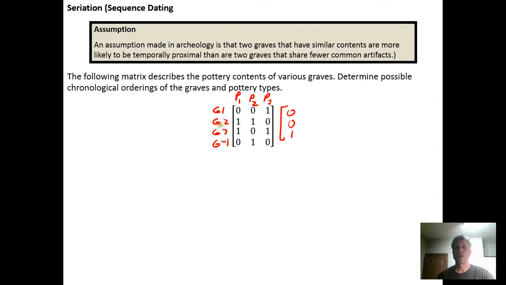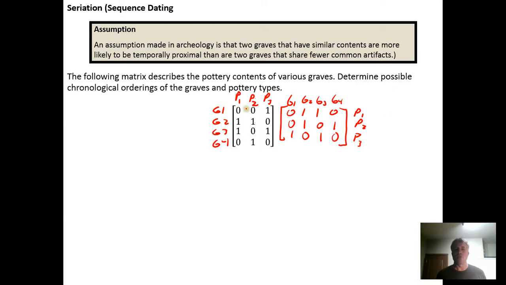So row 2 becomes column 2, so we get 1, 1, 0 in column 2. Row 3 becomes column 3, so we get 1, 0, 1, and row 4 becomes column 4. And because we interchanged rows and columns, now the columns represent the graves, grave 1, grave 2, grave 3, and grave 4. And the rows represent the pottery types, pottery type 1, pottery type 2, and pottery type 3.